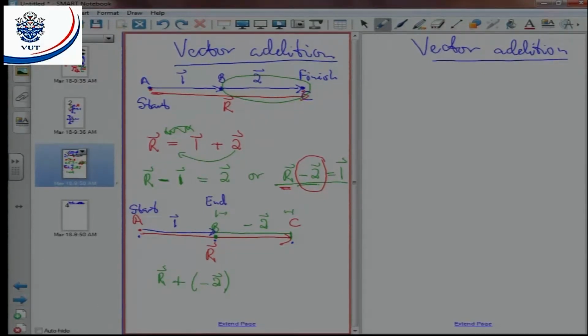So we learned that R plus minus 2, which is the same as R minus 2, equals 1. So vector subtraction is just vector addition, where you reverse the vectors that you are subtracting. Okay, so you add the reverse of those vectors. So in this case, we added to vector R the reverse of vector 2.